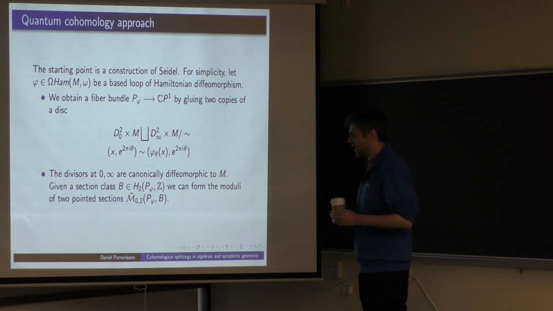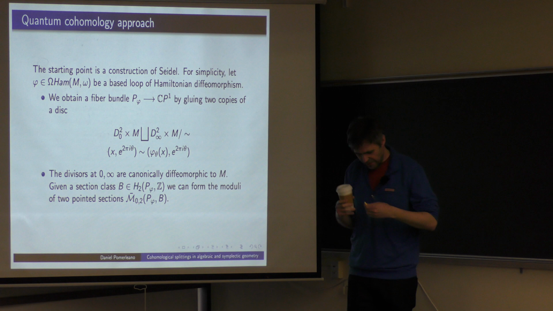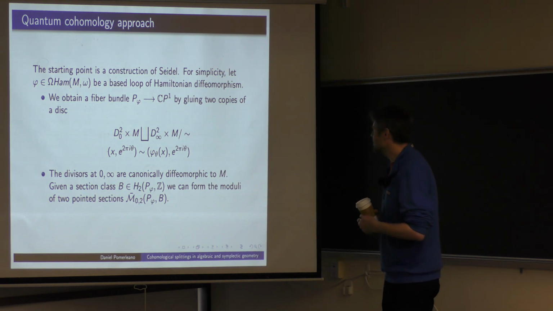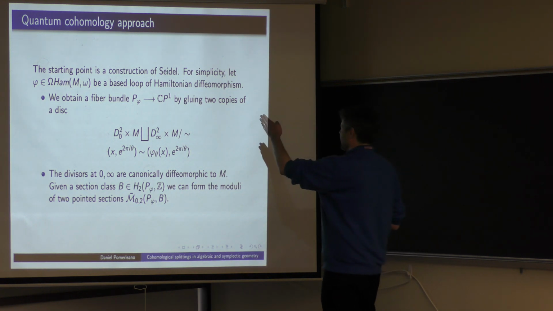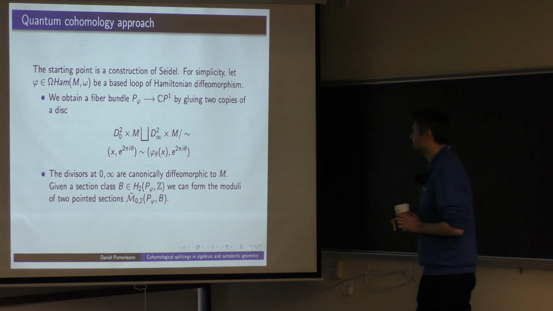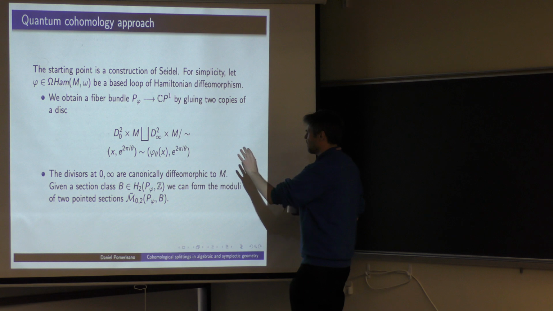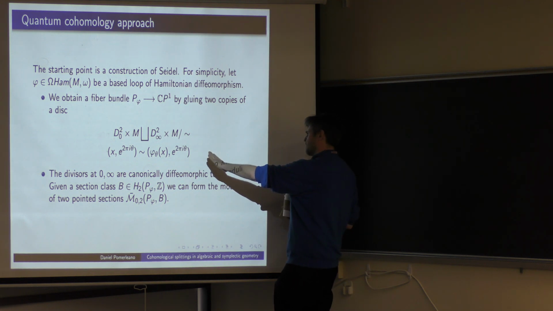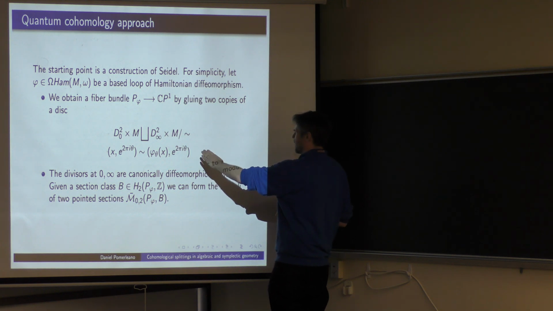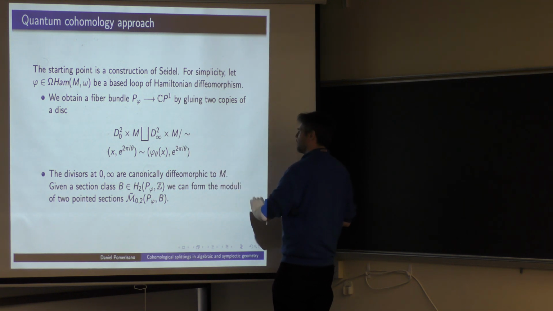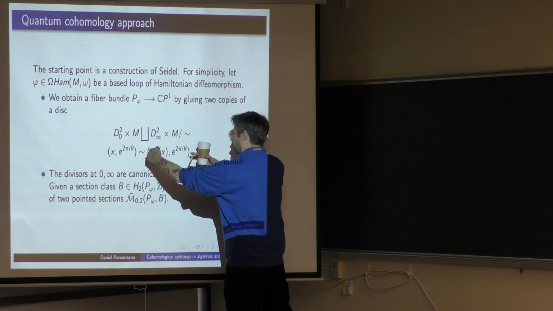So, more generally, instead of having a circle action, you can consider a based loop of Hamiltonian diffeomorphisms. Using that loop, you can form a fibration over CP1 by gluing along that loop of diffeomorphisms along the boundary.